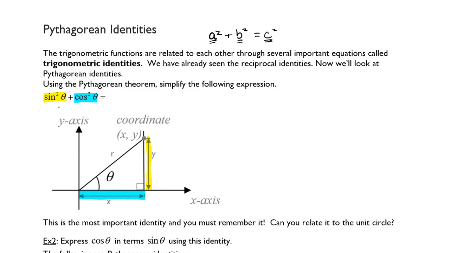So if I were to use those rules, I would say y squared plus x squared equals r squared.